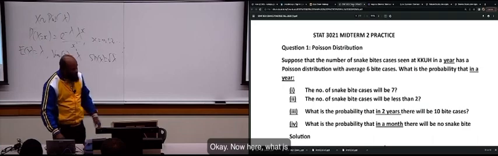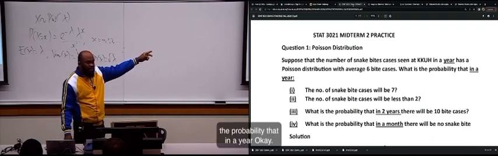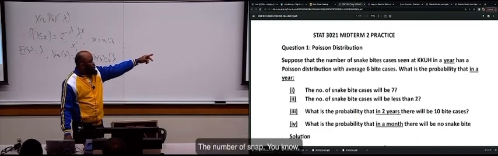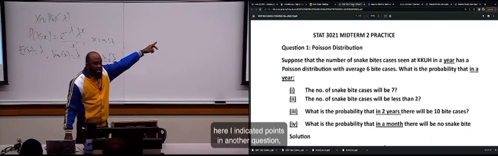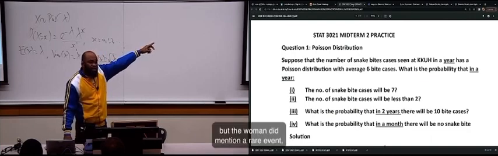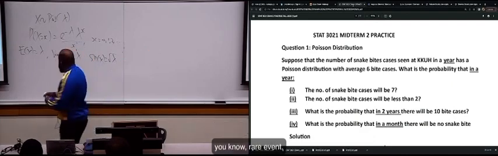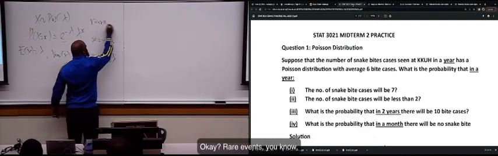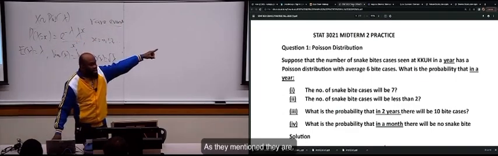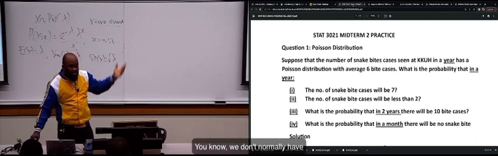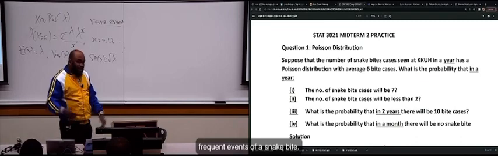Now, here, what is the probability that in a year the number of snake bites... Here I indicated Poisson. In another question, we may not indicate that. But the moment they mention a rare event, an event that happens once in a blue moon, and they're talking about snake bites, we don't normally have frequent events of snake bites.